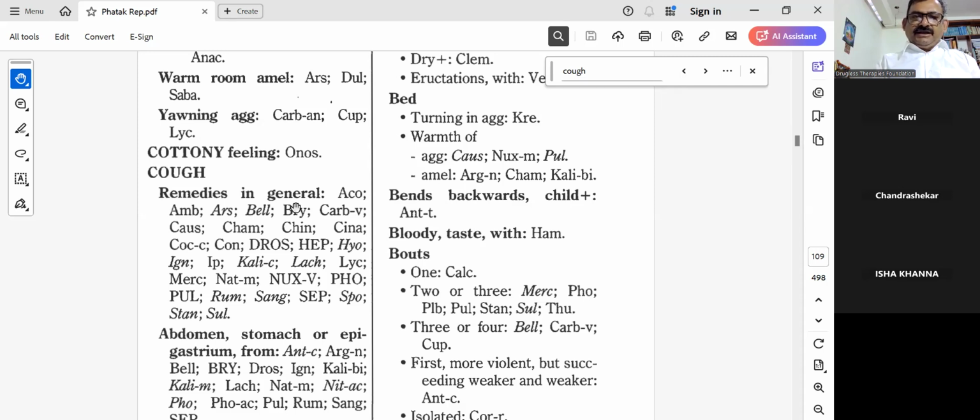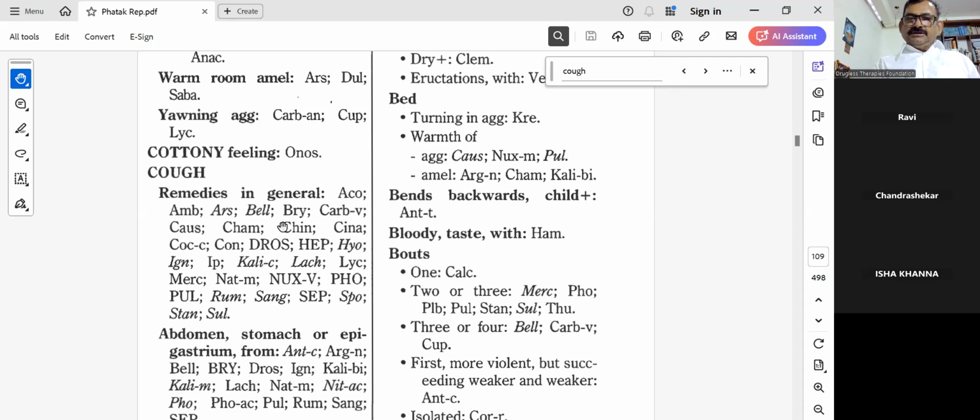After I get the remedy Bryonia, I go back to the Materia Medica, which I already shared in the app, or the PDF is also shared. With that, you will be able to see in detail again what the symptoms of Bryonia are. A lot of thirst and aggravation from movement. They won't even move. If they move, they get more cough like that. So you have to tally with the other symptoms of the patient.